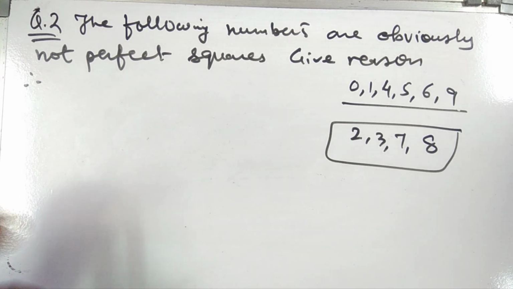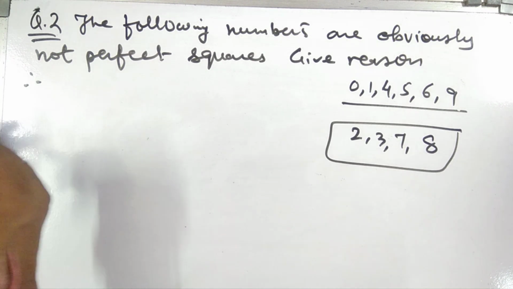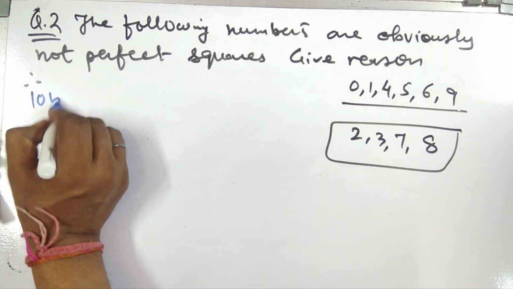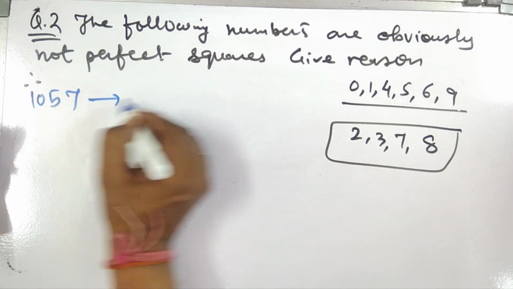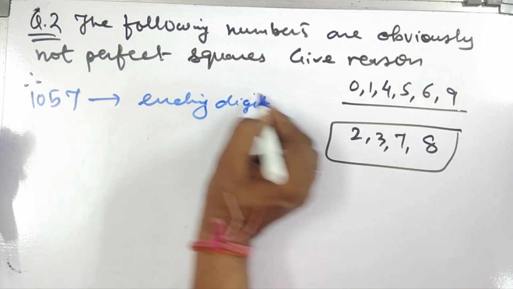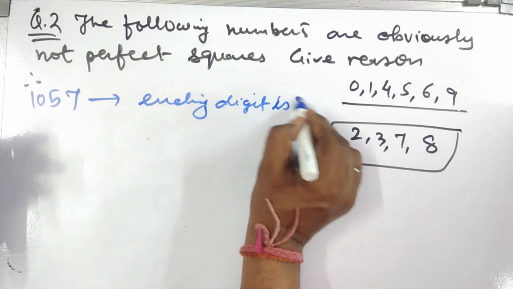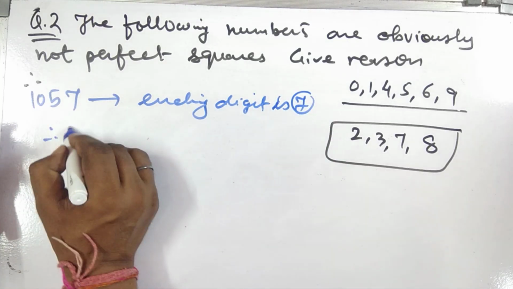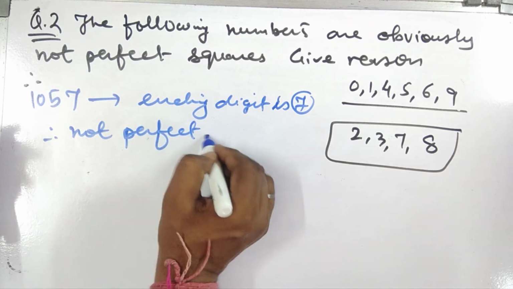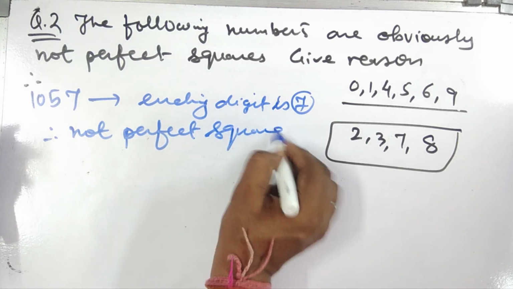So, students, the number given is 1057. The ending digit is 7, therefore not a perfect square.